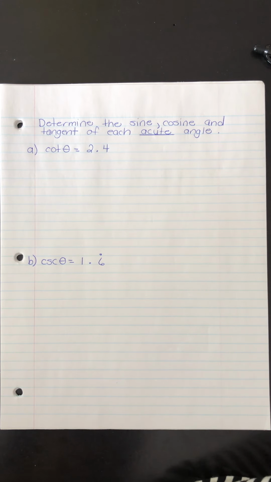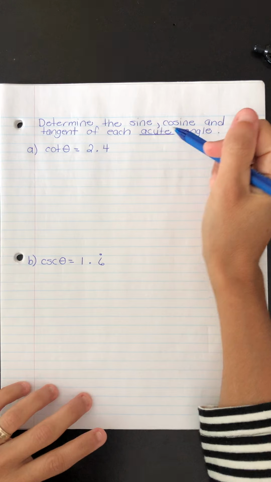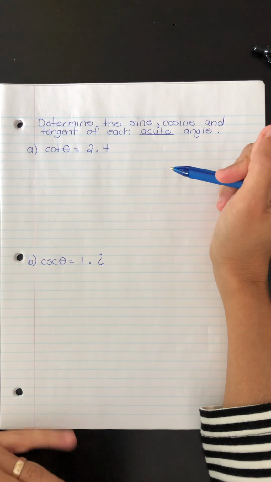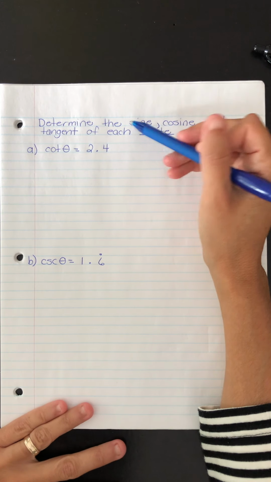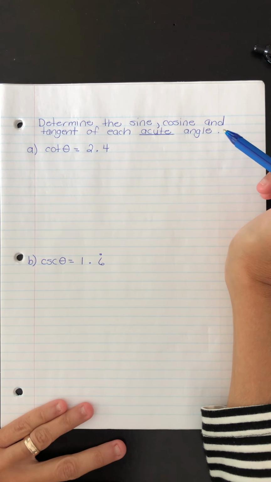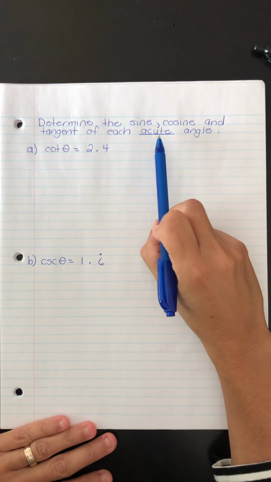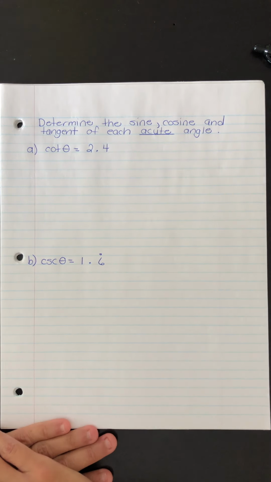Okay, and this means that in that quadrant, all trig functions are positive. So this is important to note for now. Later in this very unit, we open up this kind of problem to consider angles in all quadrants. But for now, we're focusing only on quadrant 1 angles.